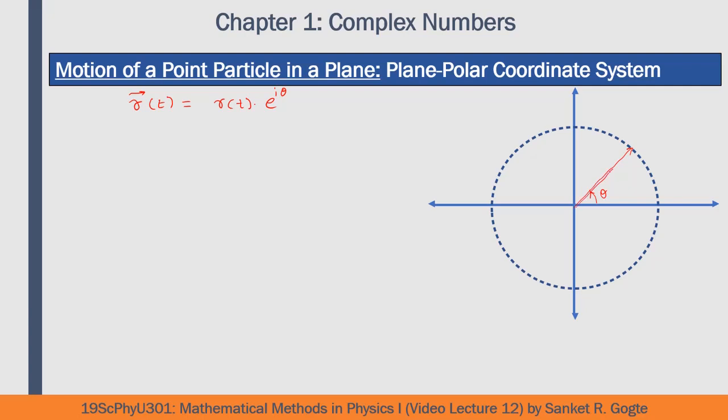So this gives the position vector. The unit vector at this point is e_r, which is called the radial unit vector. This e_r is represented by the complex number e to the power i theta, for a point which has modulus r and argument theta.